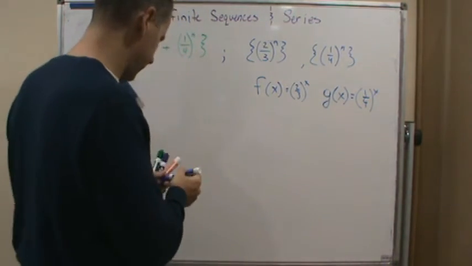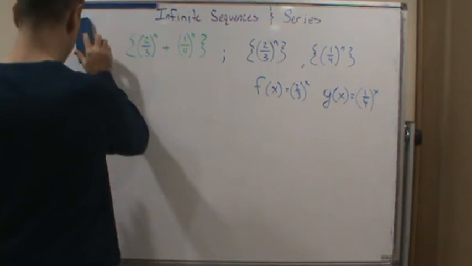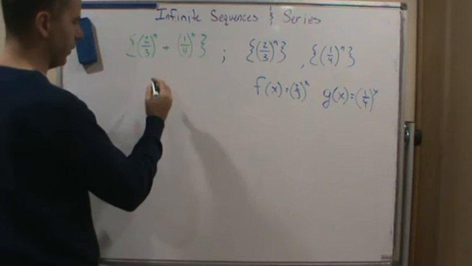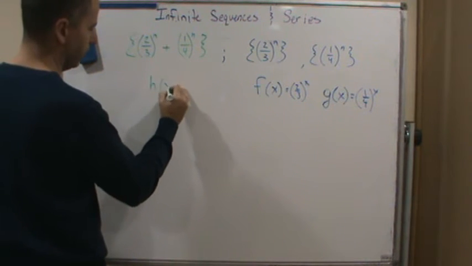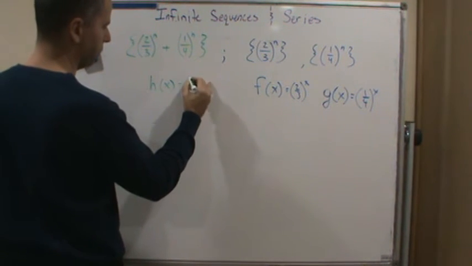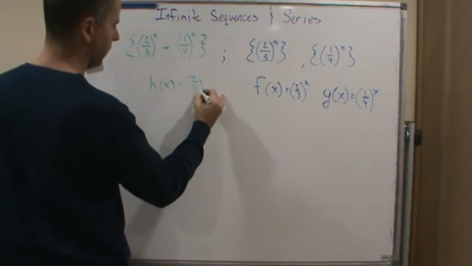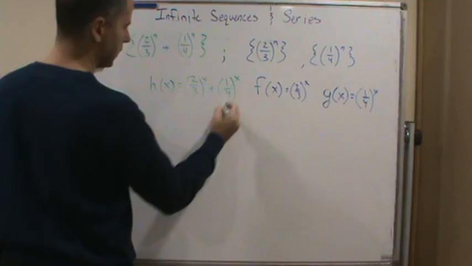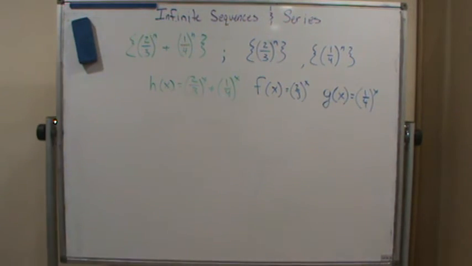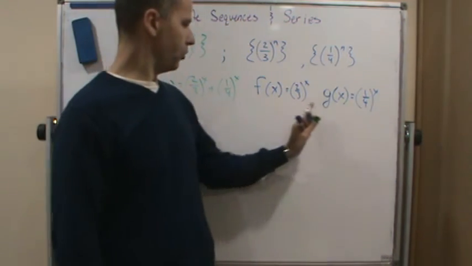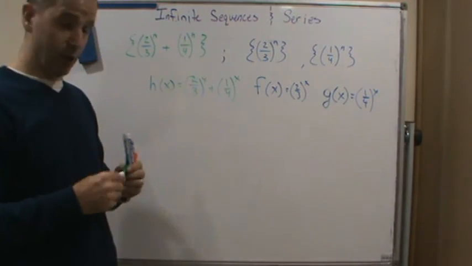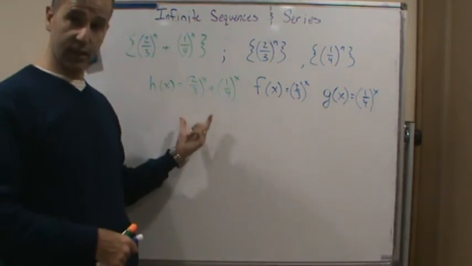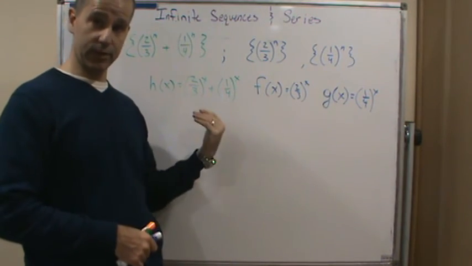So if we could take something like h of x equal to 2/3 to the x plus 1/4 to the x power, and we can compare this to other functions, we can use the limit laws, right? Because with limit laws, the limit of the sum is the sum of the limits.